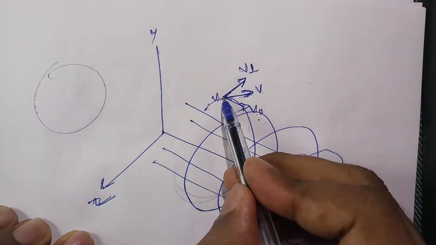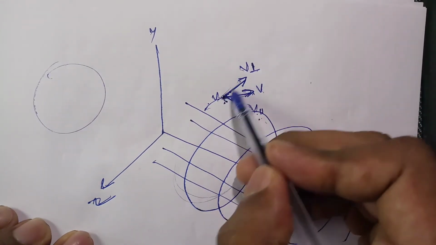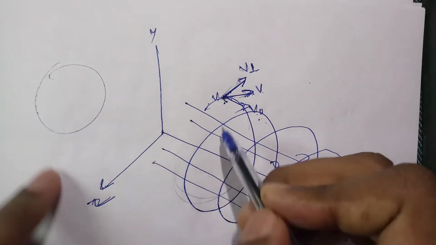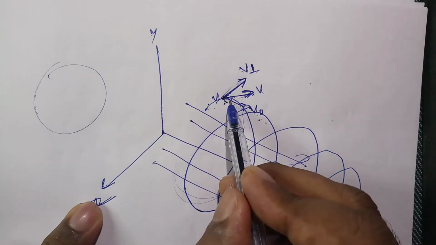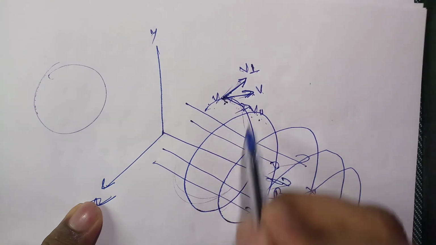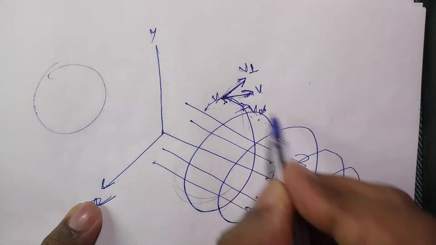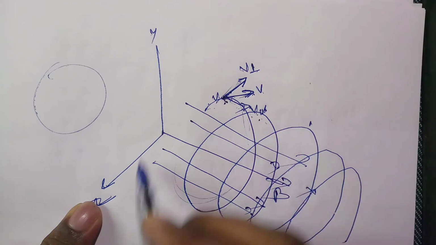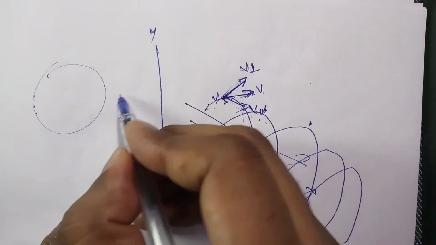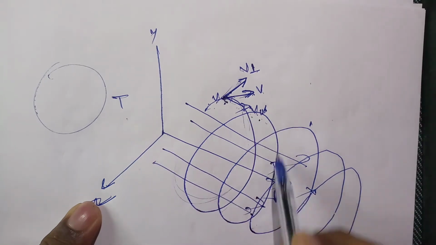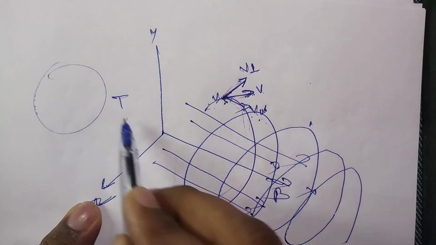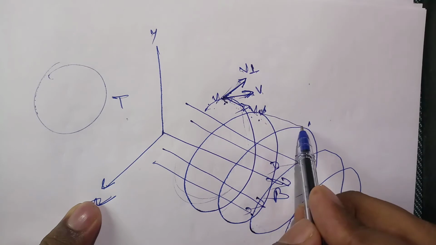This velocity has two components. The perpendicular component, as we studied in the last portion, will take it in a circular path. But by that time the parallel component will push it this much. For one circle revolution, a time period T is required. In that time period T, it will go one round, and by that time it will move this much distance.